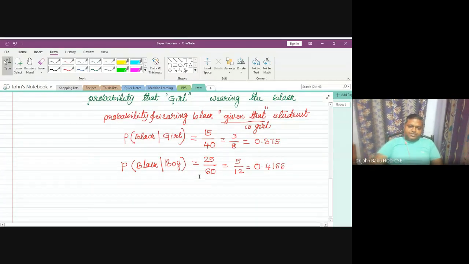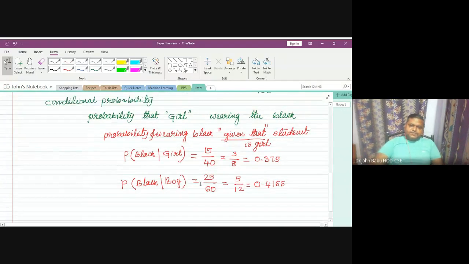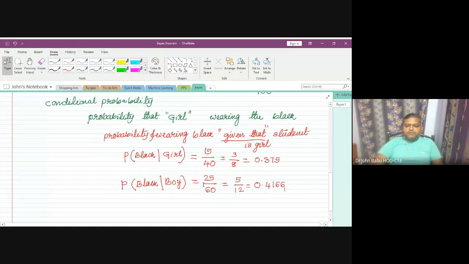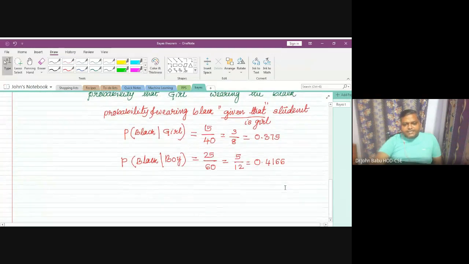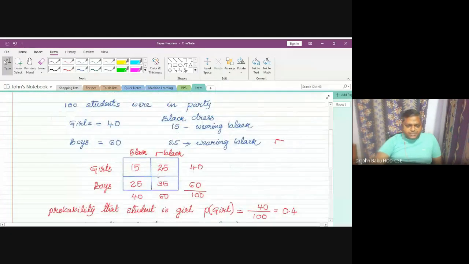So up to this, is it clear? This is the conditional probability. Given that it is a girl, the probability of wearing black is 3 by 8. Given that it is a boy, the probability of wearing black we calculated out of these 4 numbers, this table.